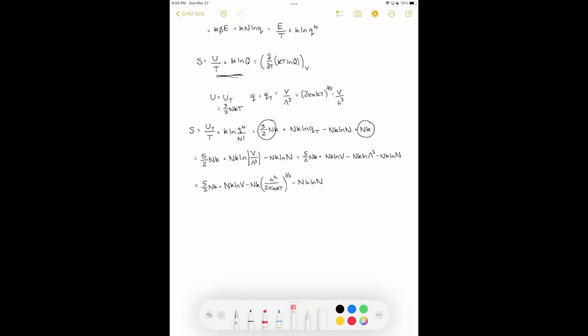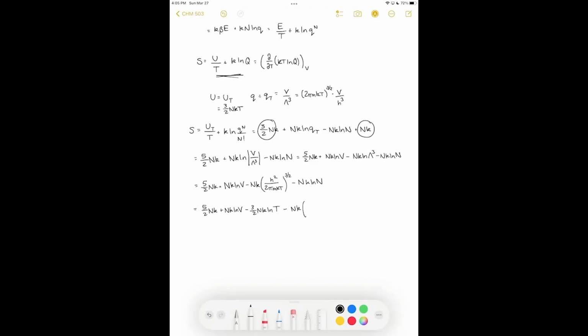So in doing that, what we end up with is, as always, our 5/2 NK. We have plus NK natural log of V. Here we have now minus 3/2 NK natural log of T. And then the last term where we bring in our N, we have minus NK.